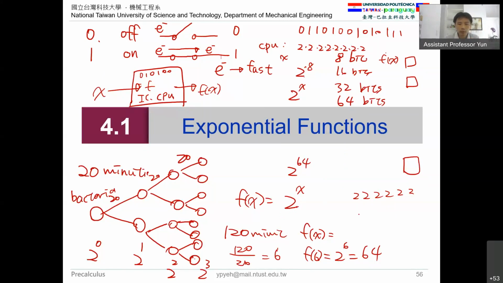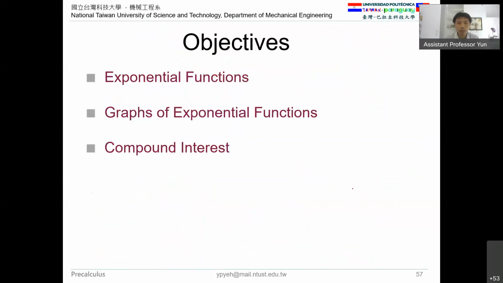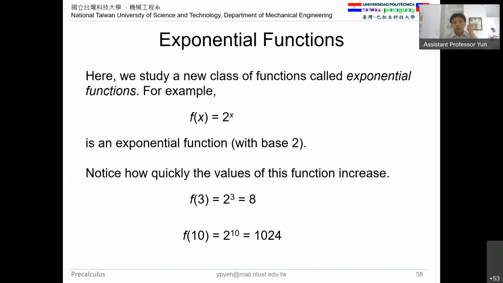But in some cases, you will see a different base, for example, 1/2. If you are using 1 divided by 2, that means it will decrease every certain amount of time, right? And then you can find the situation or phenomenon of this exponential term here. Okay, so this is how we explain some examples of the exponential function, right?